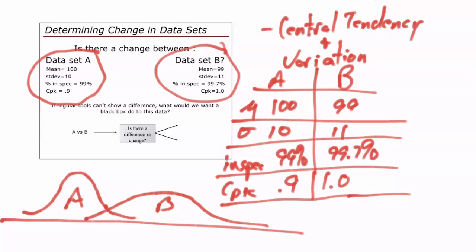But what if I told you that there was a black box, a box that if we started out with the two data sets side by side, and we could stick the data sets into this black box, the black box would shoot out an answer, and the answer would be that there was a change or there was no change.